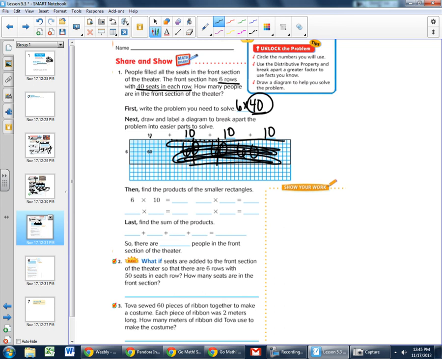Then find the products. 6 times 10, you know counting by 10 6 times, 10, 20, 30, 40, 50, 60, is the same as 6 times 10 equals 60. They're doing work outside of our room. 6 times 10 equals 60. 6 times 10 equals 60. So now you have 60 plus 60 plus 60 plus 60.